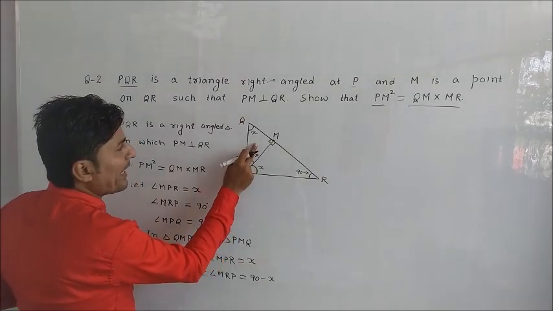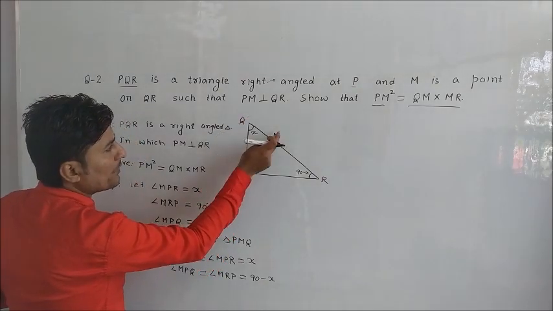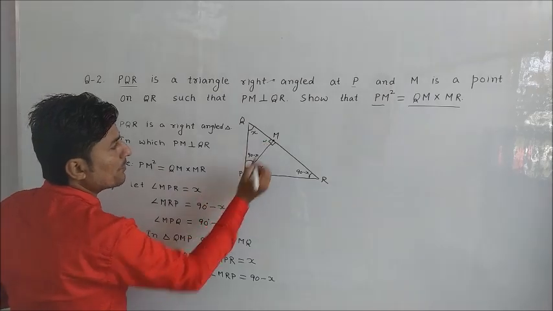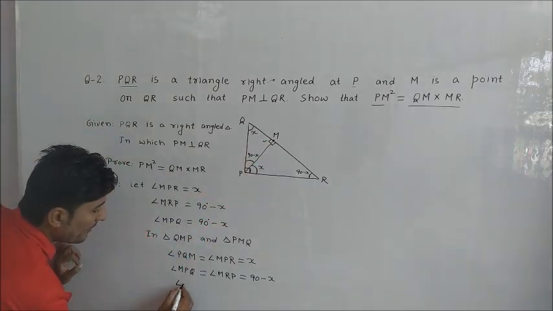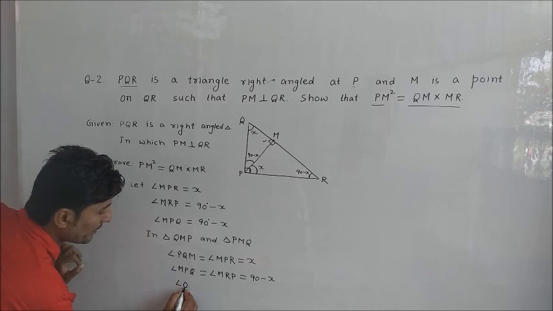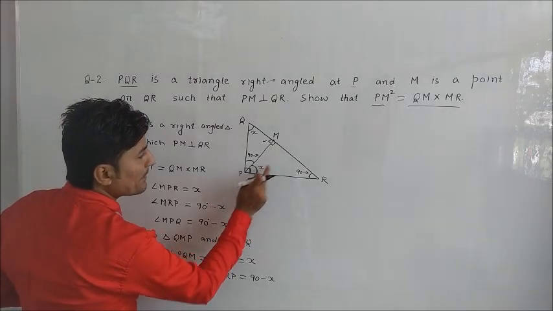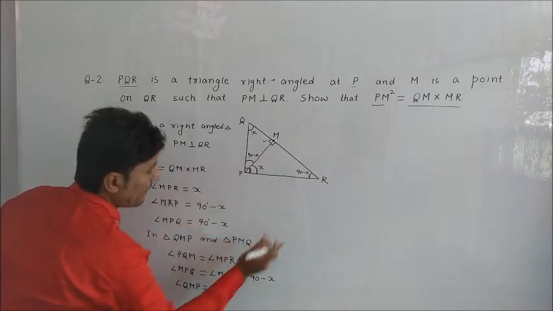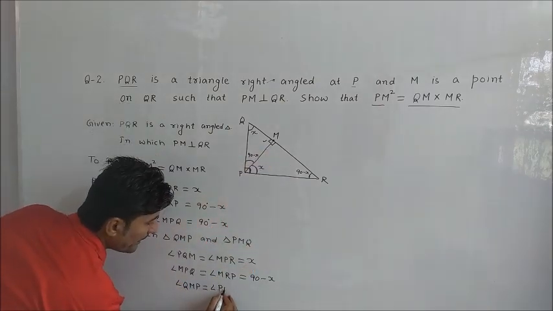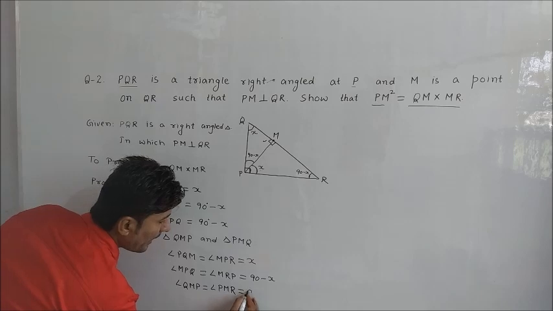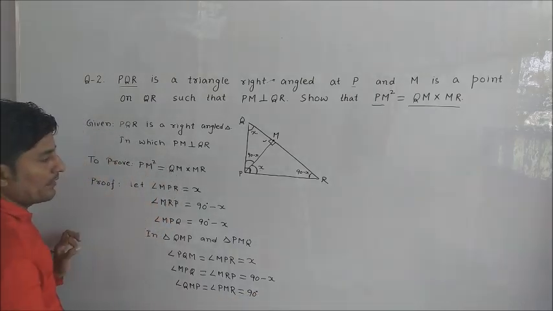Now in this triangle, measurement of angle QMP is equals to 90 degree. Measurement of angle QMP is equals to, in this triangle, measurement of angle PMR, both are equals to 90 degree.